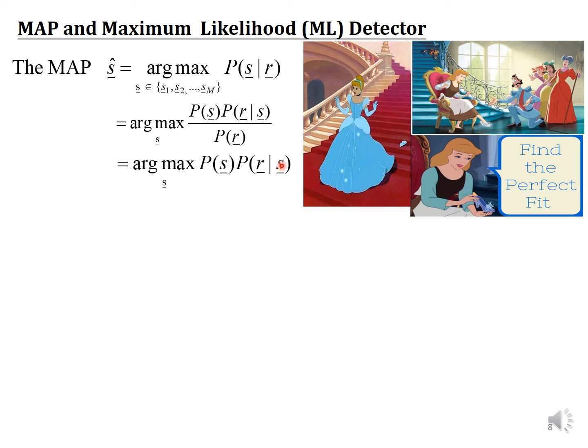But given the probability of S, the probability conditional on S, this is easier to find. This is usually available, and the other is not available.